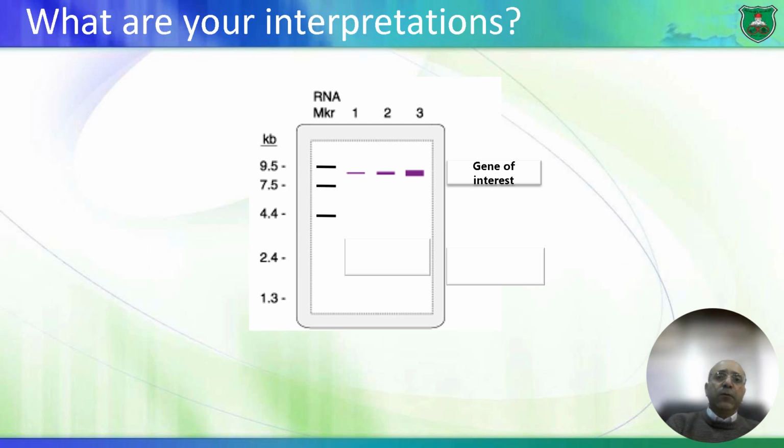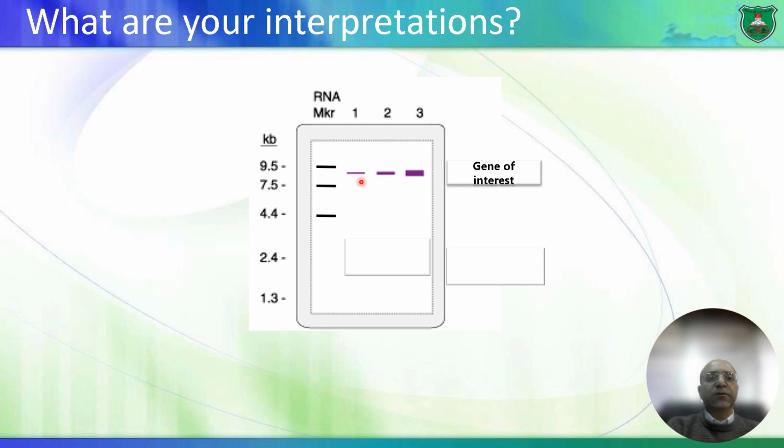So here we go. We have three samples right here, 1, 2, 3, and this is the gene of interest. We're looking at the expression of that gene. The size of the messenger RNA is about, let's say, 9 kilobases.